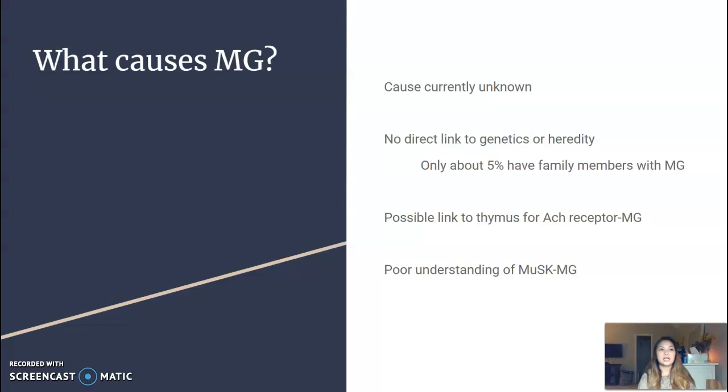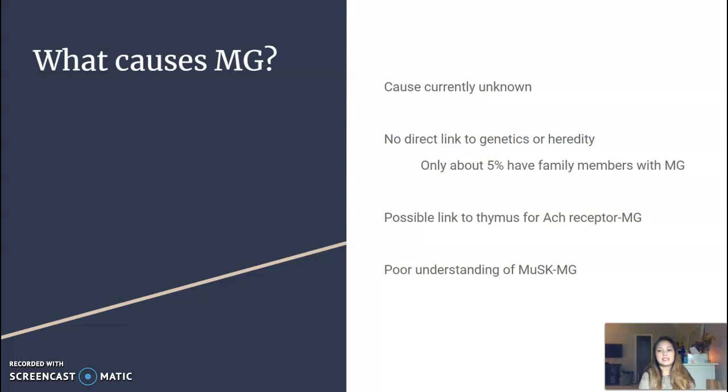They believe that because most patients that have myasthenia gravis have thymic abnormalities, that could mean that the thymus is malfunctioning, and because they know that the thymus has to do with the elimination of autoantibodies or autoreactive antibodies, it could mean that in myasthenia gravis patients, or in patients that don't have myasthenia gravis yet, could actually be predisposed to developing it later in life if they have a hyperreactive thymus or malfunctioning thymus.